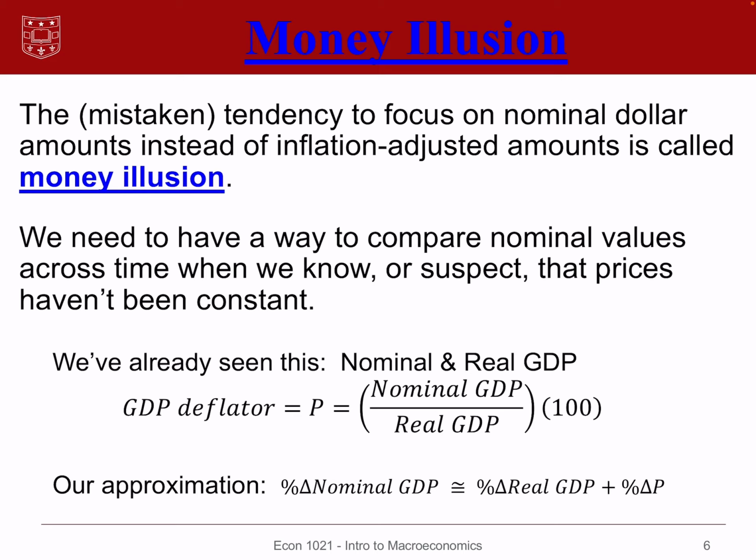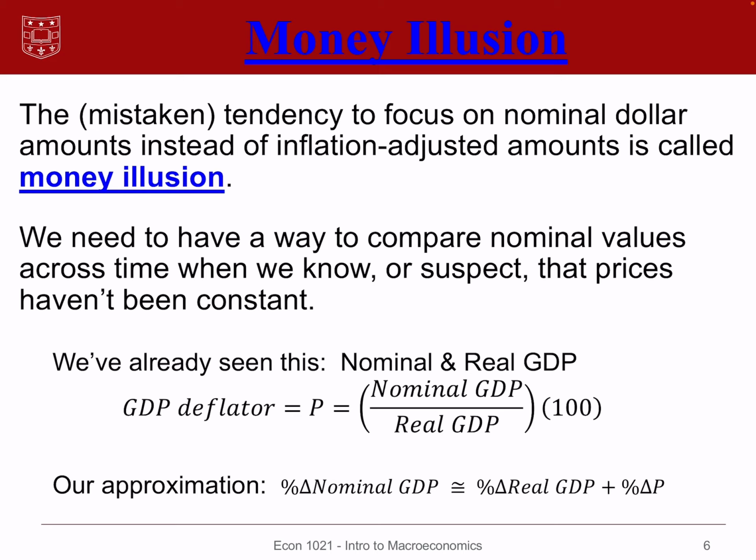And so we've already seen this to some degree. We noted when we were talking about real gross domestic product that it would be misleading to focus on growth in nominal gross domestic product as a barometer of whether our standard of living has improved. Rather, what we should do is focus on growth in real gross domestic product because that takes into account the effect of price changes.